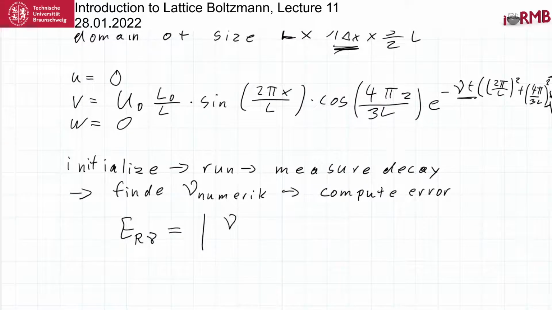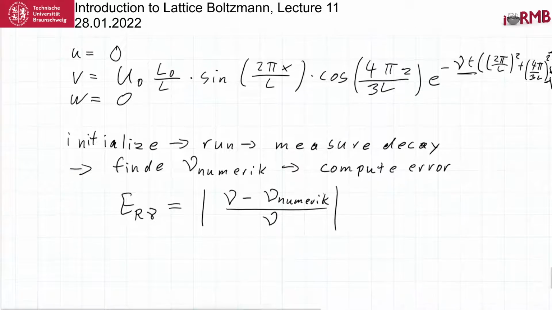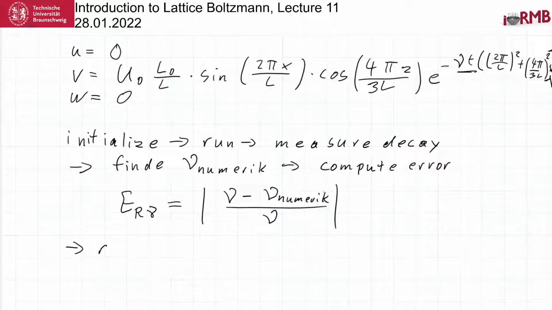This is nu, the one that we specified, and the one that we computed, and we divide this by the one that we specified. And this is then repeated for different resolutions.